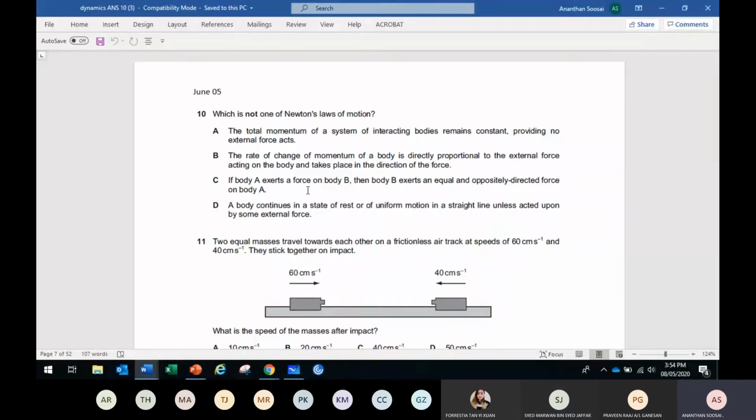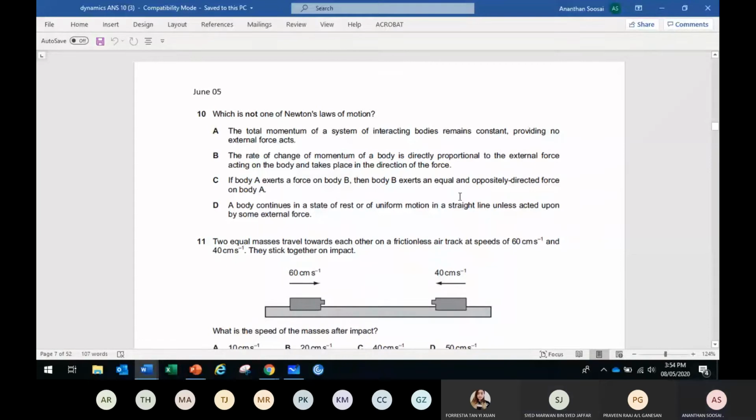Instead of saying force is directly proportional to the rate of change of momentum, you better say the net force is directly proportional to the rate of change of momentum. Normally if you say force they give marks, but it should be net force. So B is Newton's second law, C is Newton's third law, D is Newton's first law.